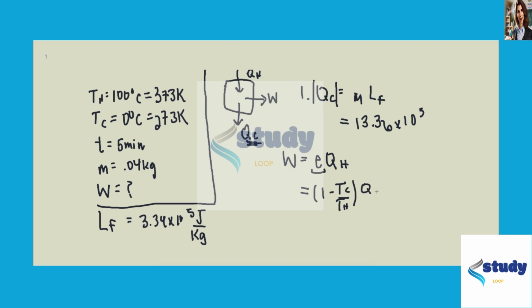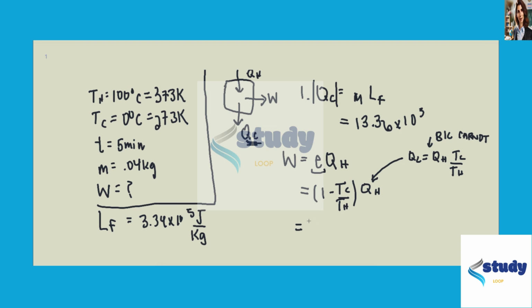We want to multiply this by QH, but we don't have QH, we have QC. But again, for Carnot, we get another equation. I'll do this on the side: QC equals QH times TC over TH. And I'll note this is because it's Carnot, not always true, only in the case of Carnot.